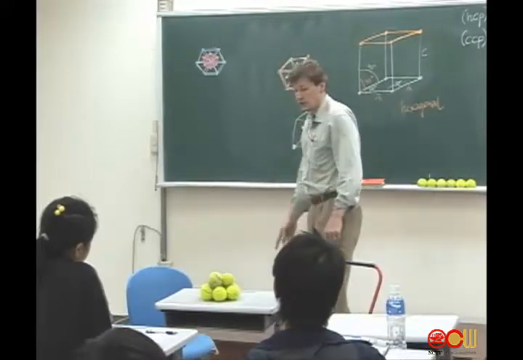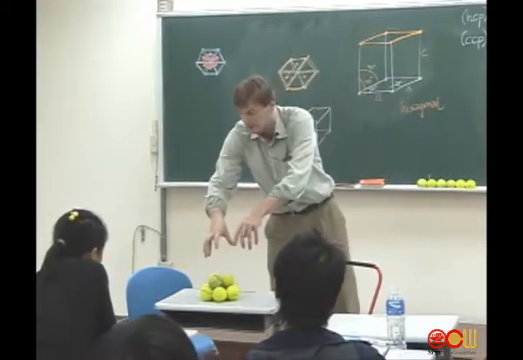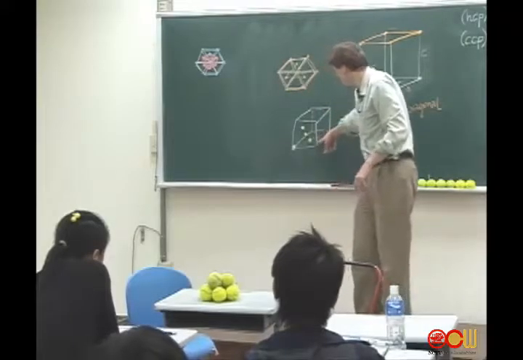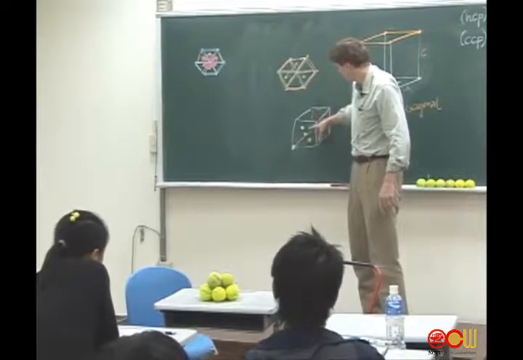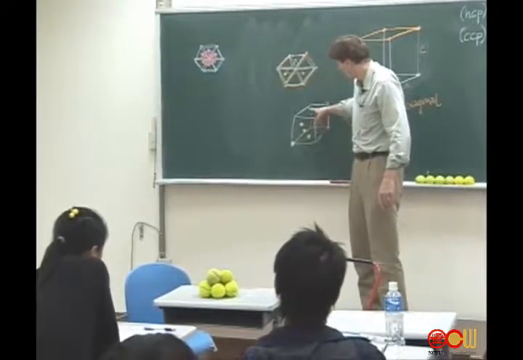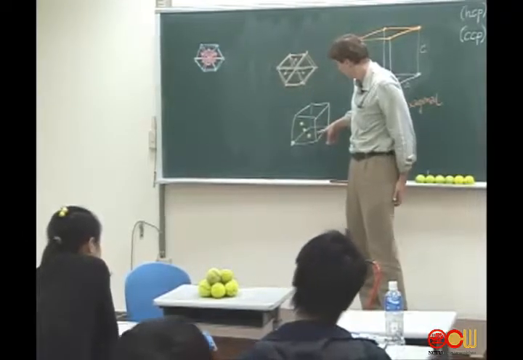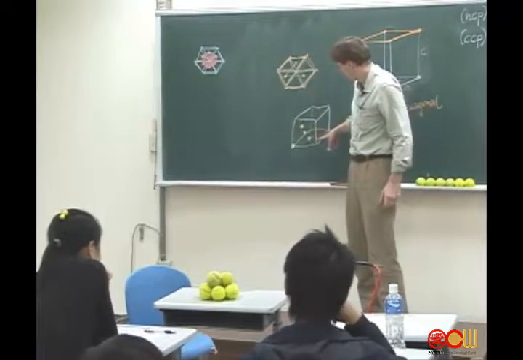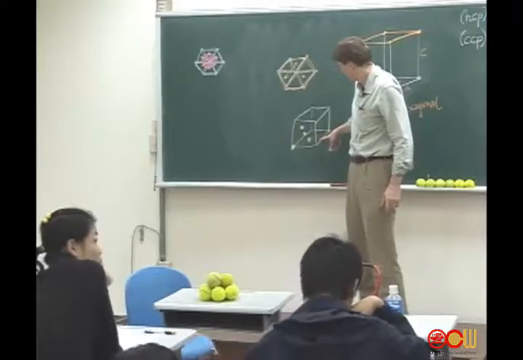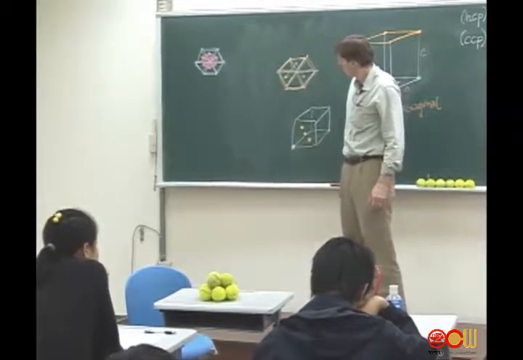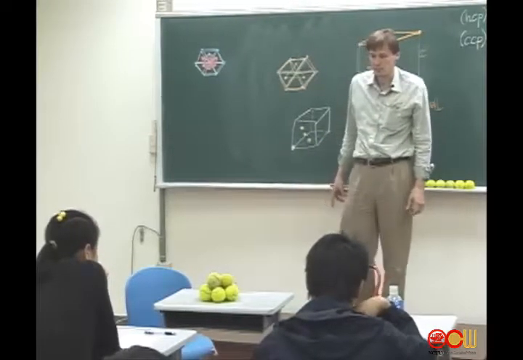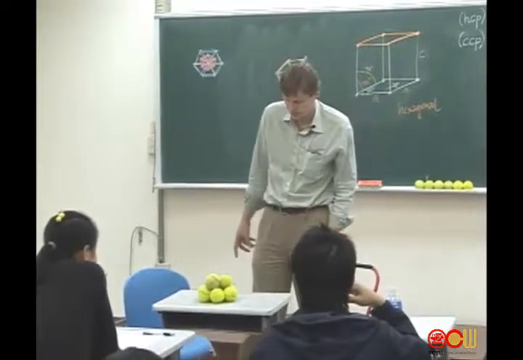Then the next 3 are these 3. The next 6 would belong to these corners and middle of them. I guess everybody has to do it on their own. It's very difficult to build.